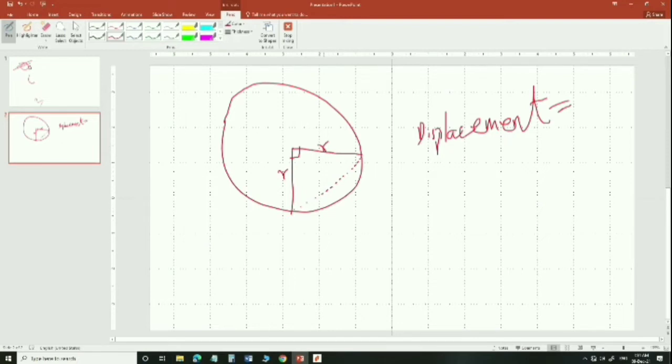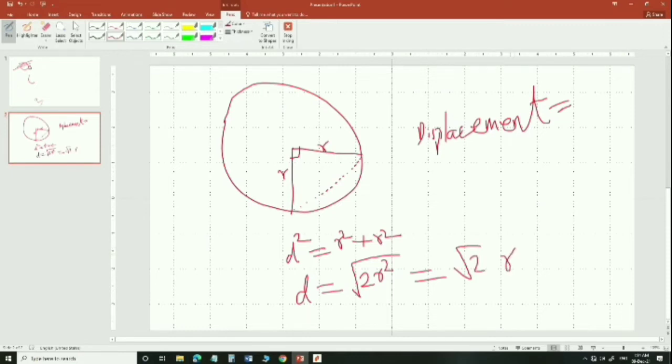R square plus R square is equal to the displacement square. That means D square is equal to R square plus R square. That's why D is equal to root 2 R. We found the displacement.